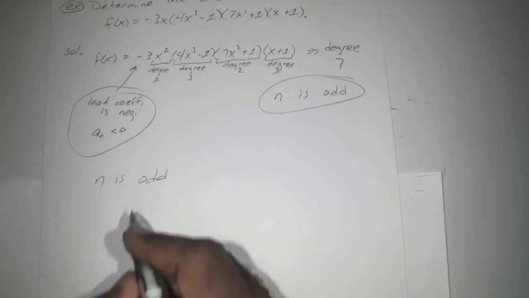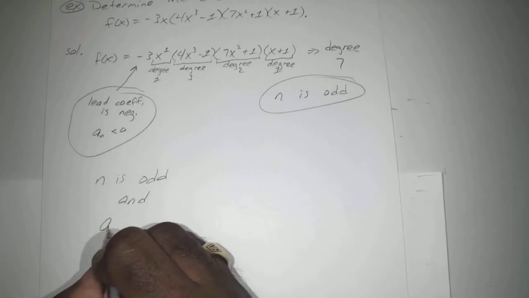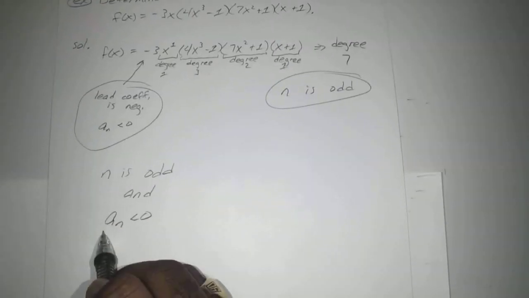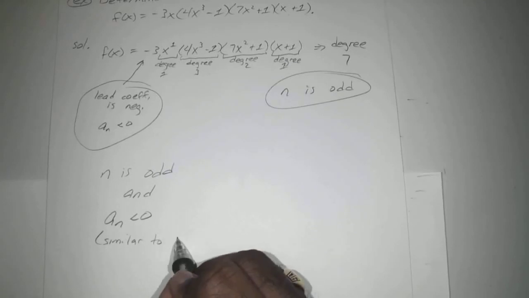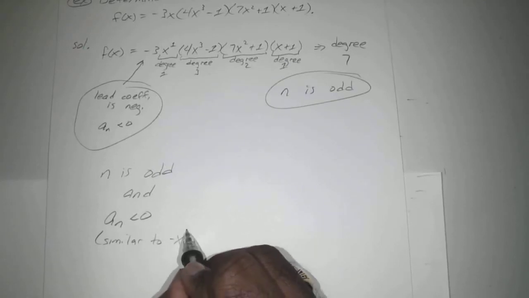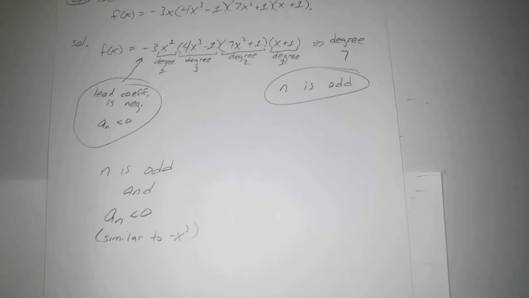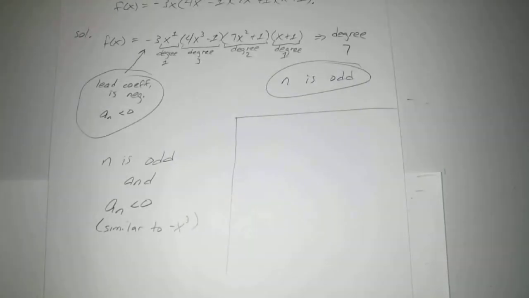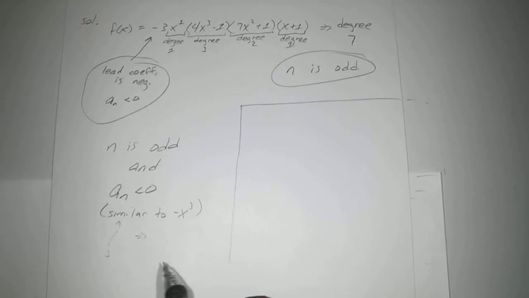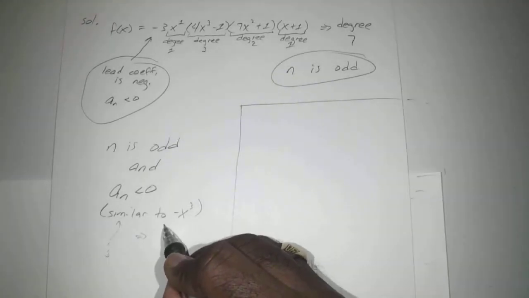So when n is odd, and your lead coefficient is less than 0, that's similar to negative x to the third power. Okay, so we know that if x to the third looks like that, then negative x to the third just flips it. So it looks like that.